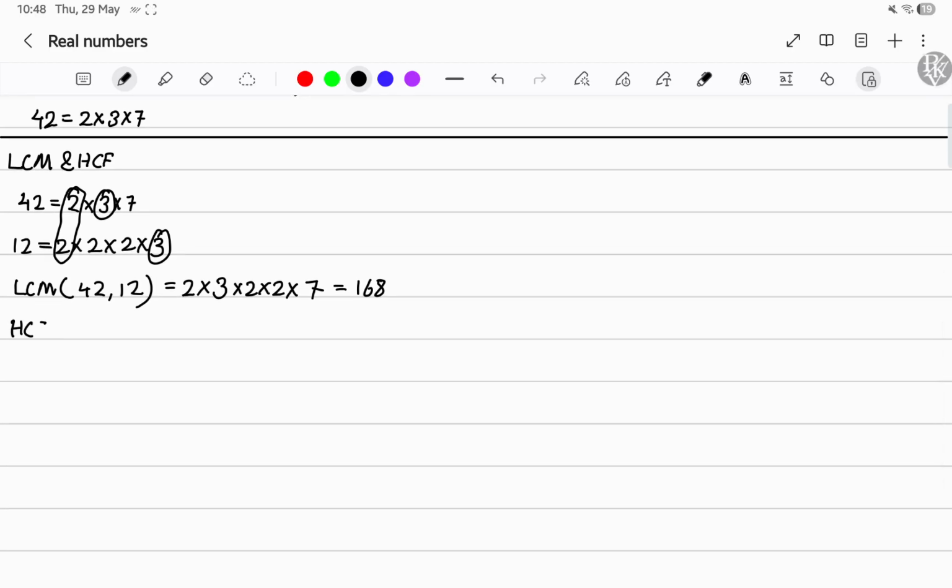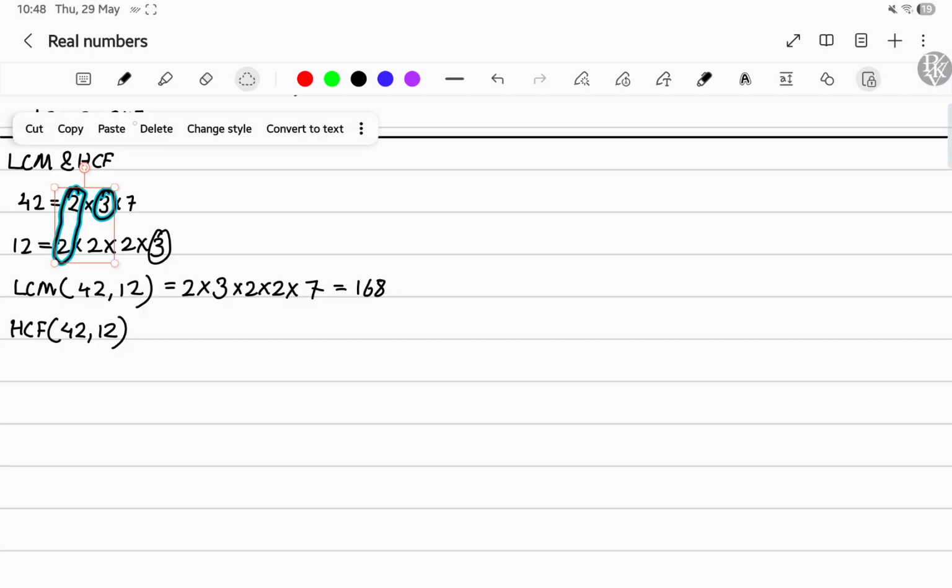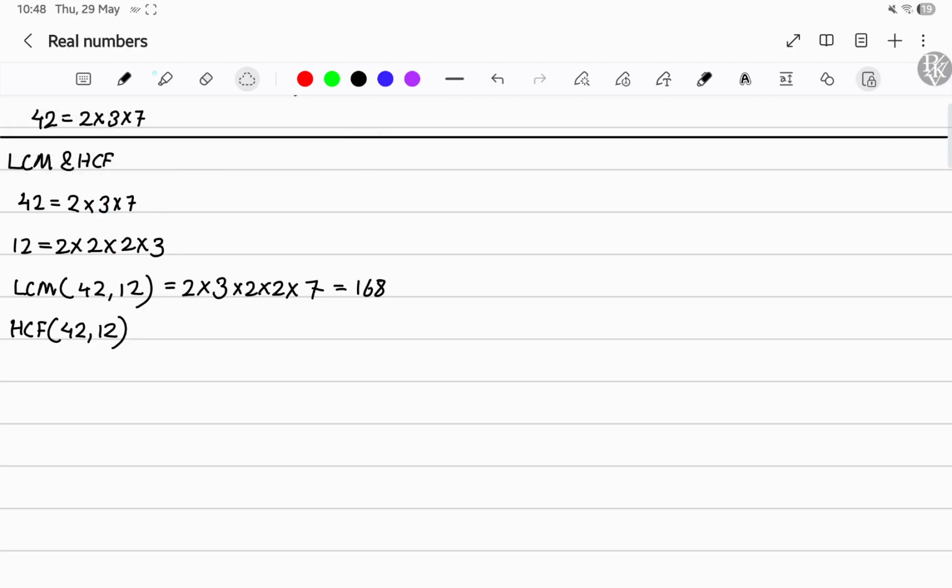Now HCF of 42 and 24 is another case. HCF asks us to find which is common. So we have 2 and 2, that is common. 3 and 3, that is common again.